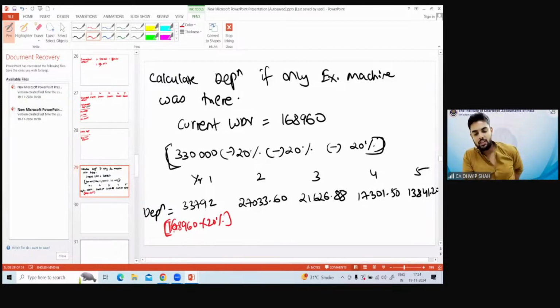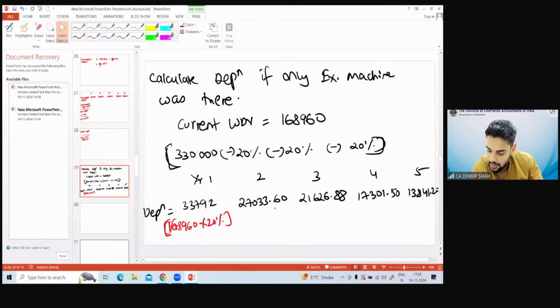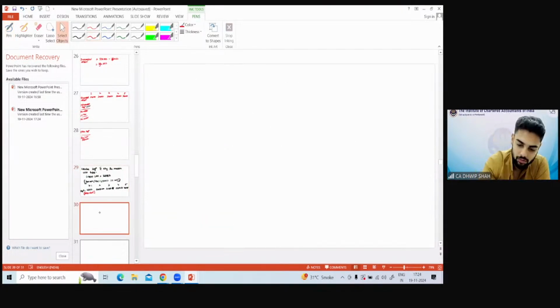Any doubts in the amount of depreciation each year if only the existing machine was there? Forget about replacement. If the company had continued with the existing machine, this would be my amount of depreciation each year, 33,792, 27,033.6. Clear? Okay.